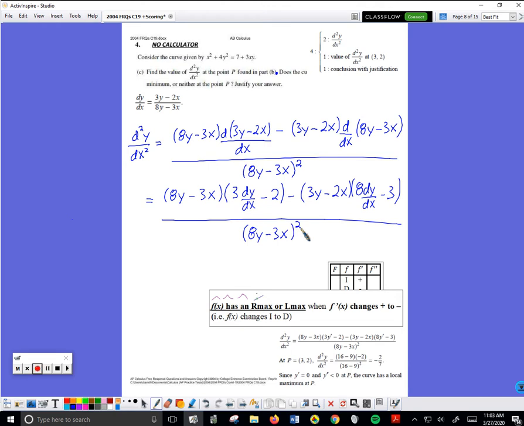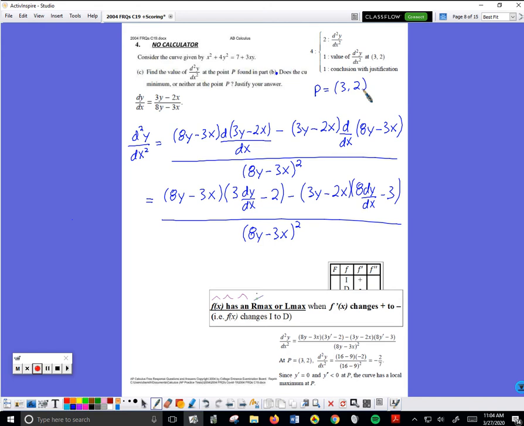Okay, I do this a lot on problems that are difficult. I've done this much, I go back and reread again: find the value of this at the point found in part B. So the point found in part B, P, was equal to (3, 2). But that was the point where the slope of the curve was equal to 0.